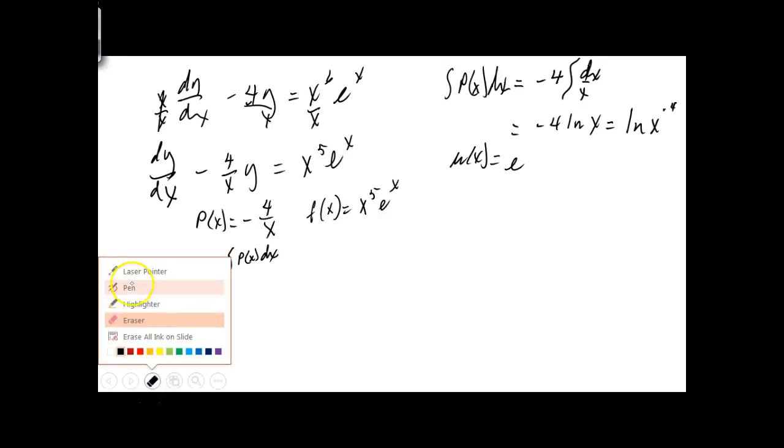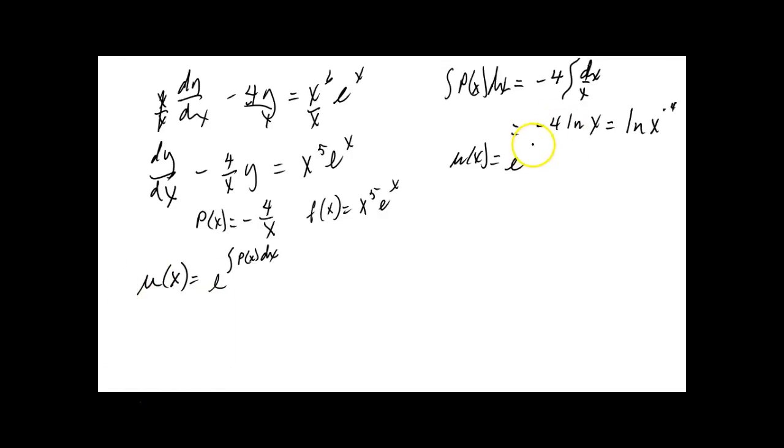And there's a really good reason to do this. This would be log of x to the minus 4. What would be the reason to do that? Logs undo exponents, exponents undo logs, right? They're inverse operations of each other. So this would simply be x to the minus 4. All right. Now what do we do with that?